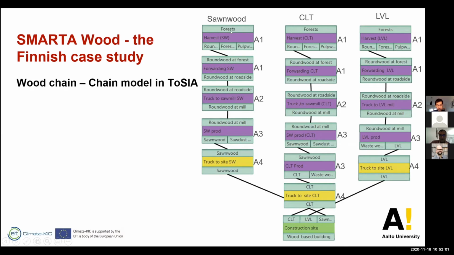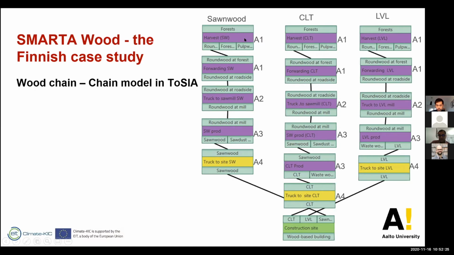For sawwood, there is this forest, and then harvesting, and then forwarding to roadside, truck to sawmill, and then sawwood production, and then transport to the construction site. Beside that, you can see these life cycle stages.